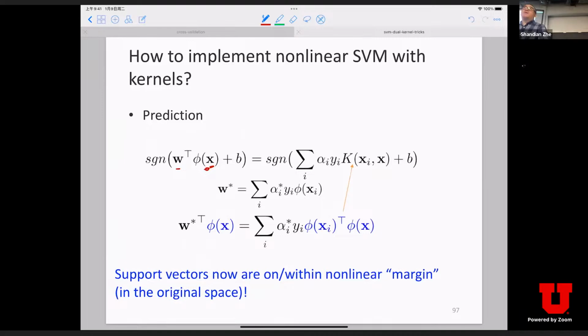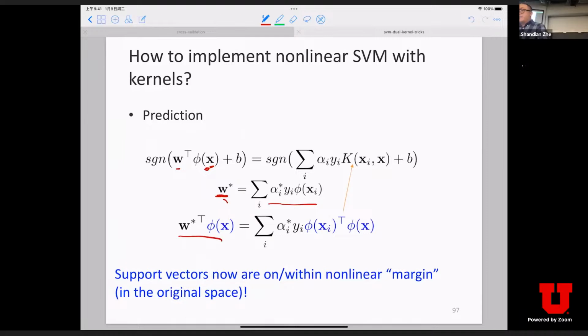Of course, we do not want to compute this explicit feature mapping, right? We're going to leverage the result we have used before. We know that the optimal w should be a linear combination of the mapped feature vectors in the training set. Now just substitute this for w star.